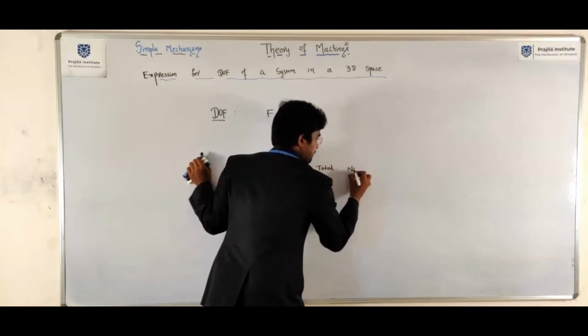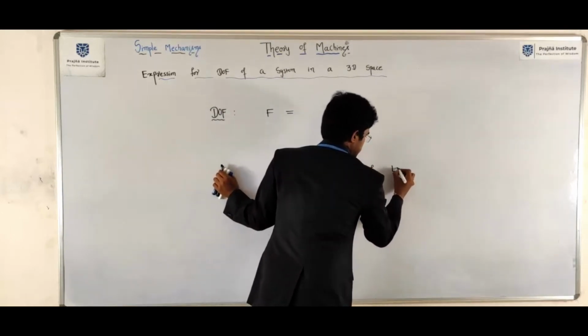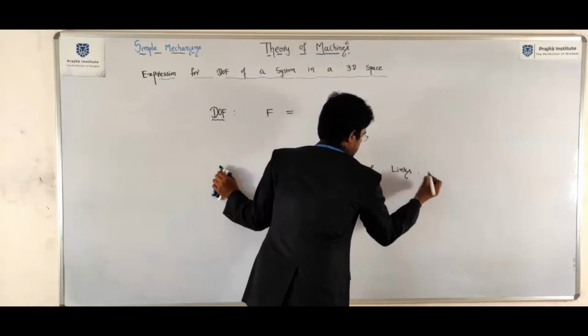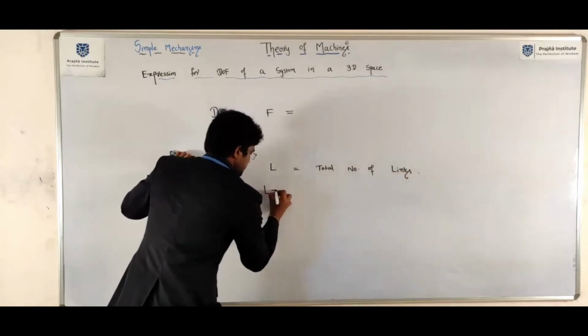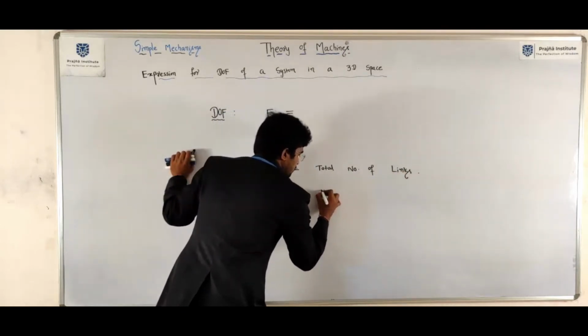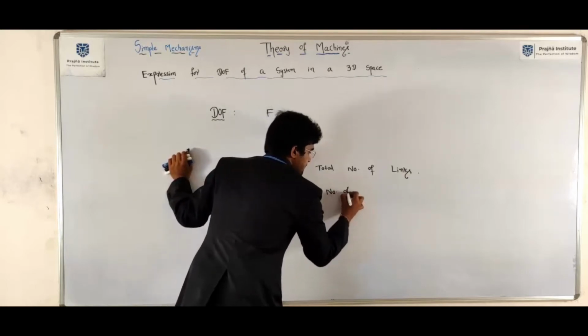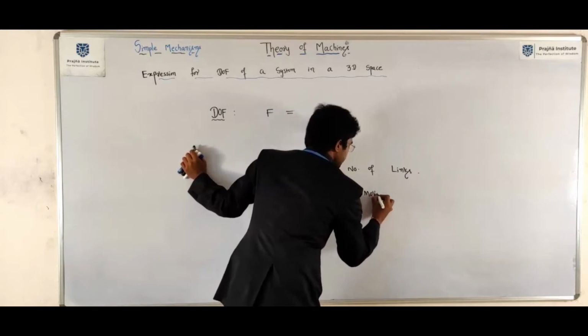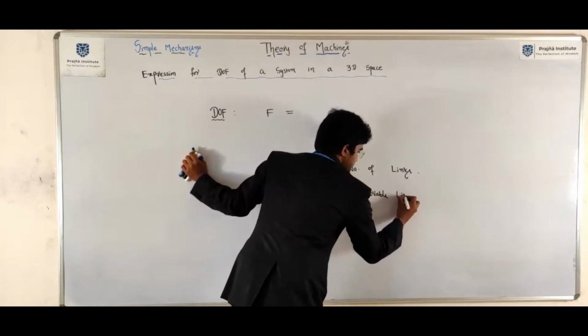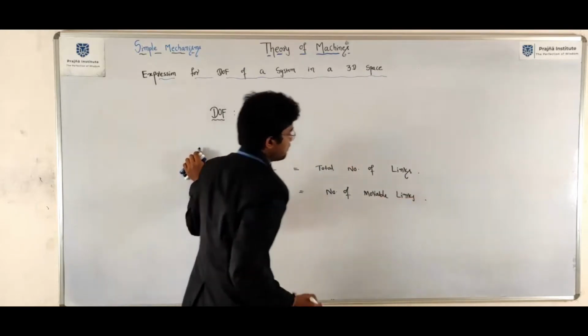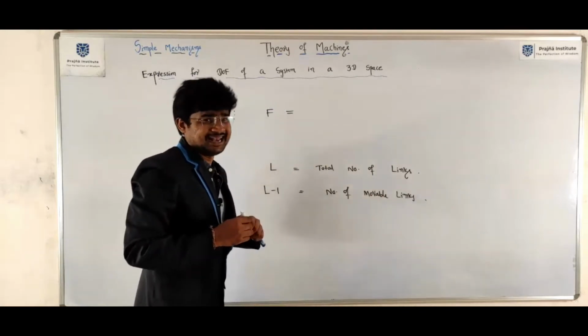Total number of links, L minus 1. Here, number of movable links.